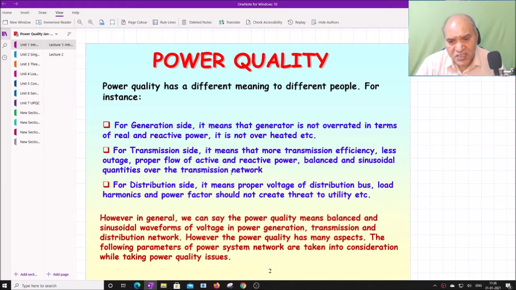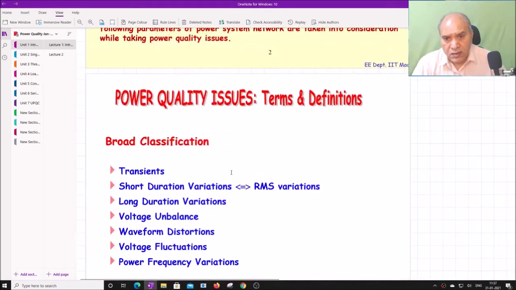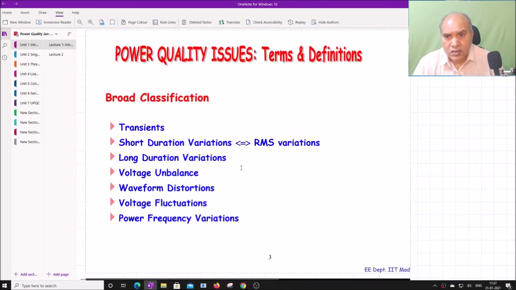In general, we can say that power quality means a balanced and sinusoidal waveform of voltage at rated frequency in power generation, transmission and distribution. However, it has many aspects, and to cover these aspects, the following issues or problems are classified.